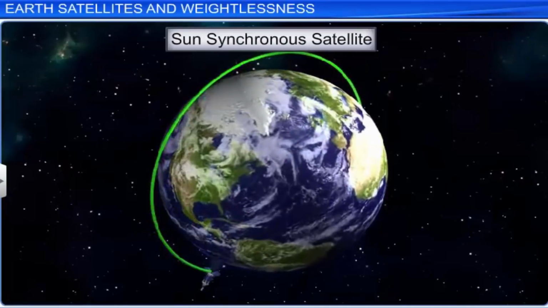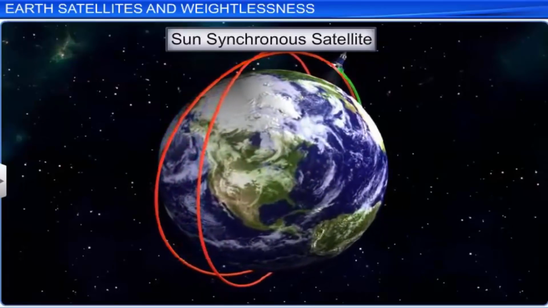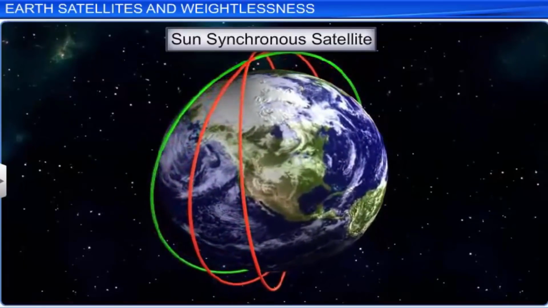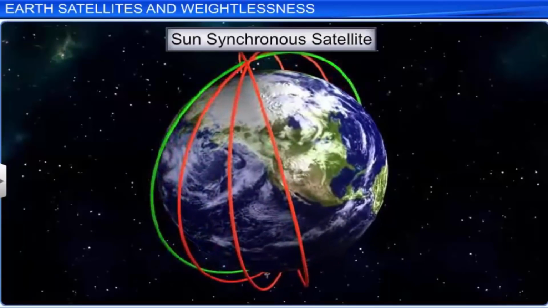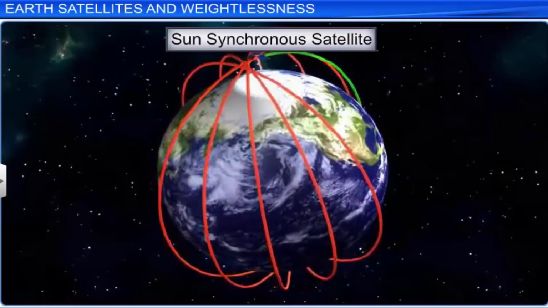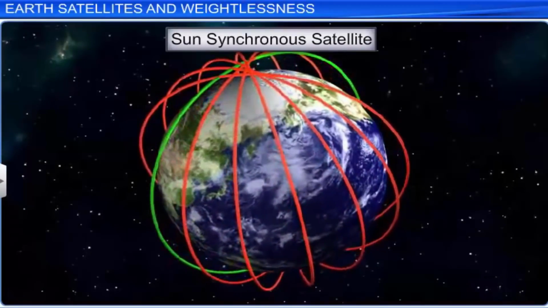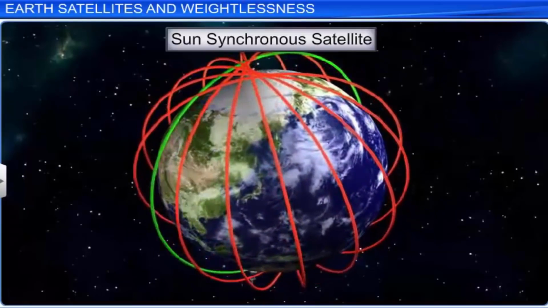When a satellite revolves around the Earth, successive north-south passes are displaced by the same distance as the Earth rotates during one orbital period of the satellite. As a result, the satellite covers the given place at the same local sun time daily.